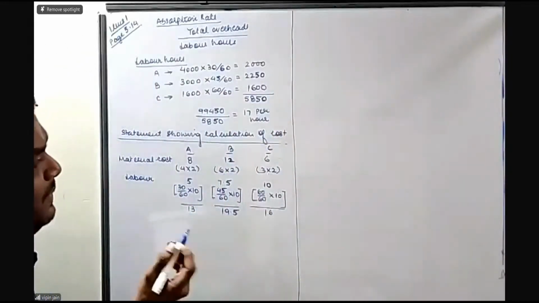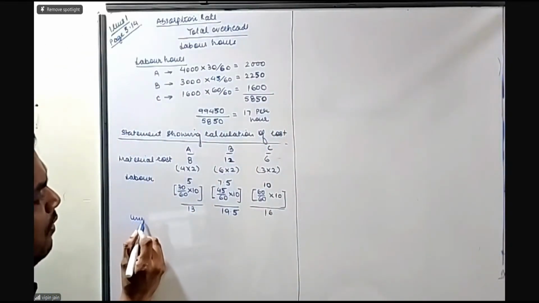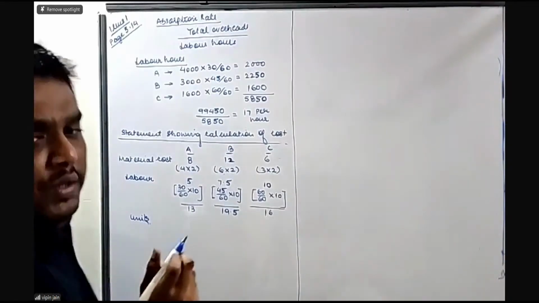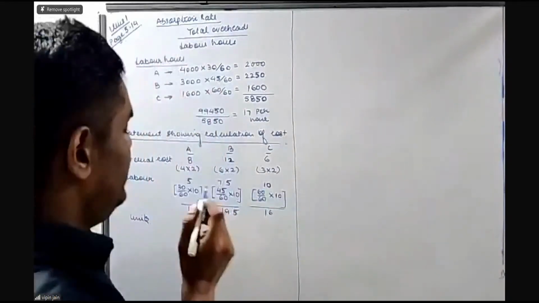Now let's say we multiply it by units. My total units are 4,000, 3,000, and 1,600.